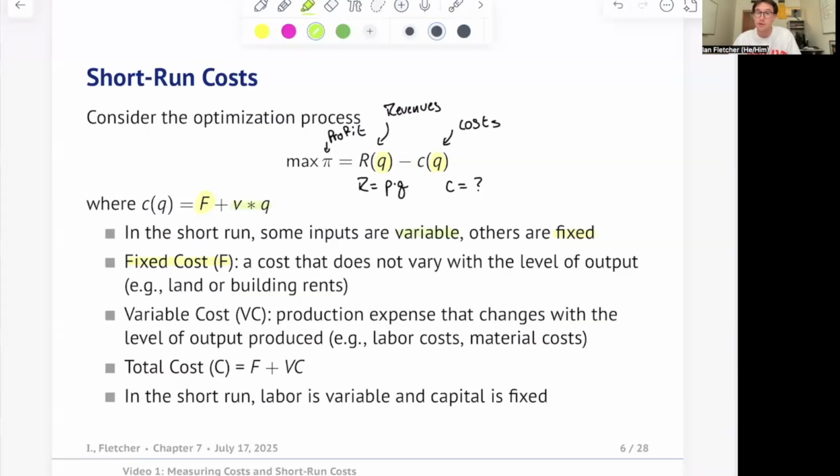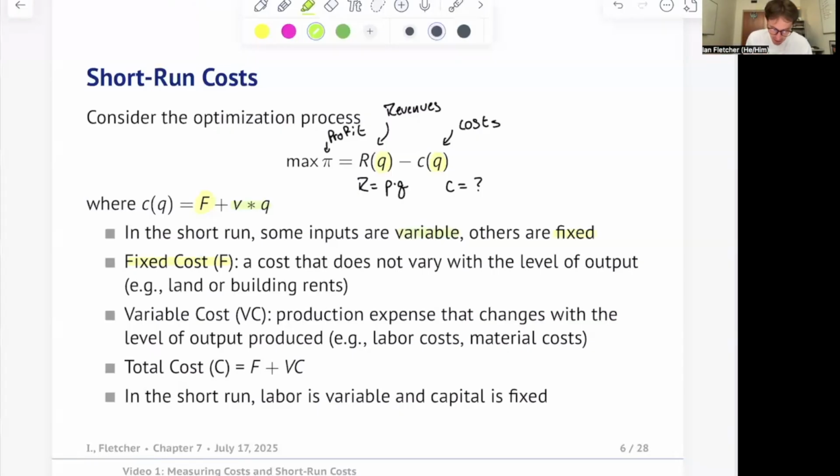Our capital is going to be fixed. So let's pretend that we were running a newspaper company. Our capital is going to be the printing press. That is going to be fixed. We have to have the capital, the printing press, to produce. But our labor, the number of journalists that we're going to hire, is going to change with the level of newspapers that we are going to produce.